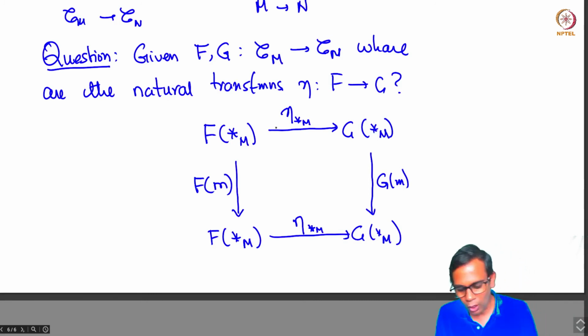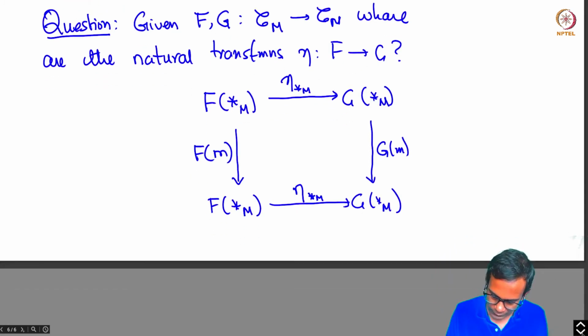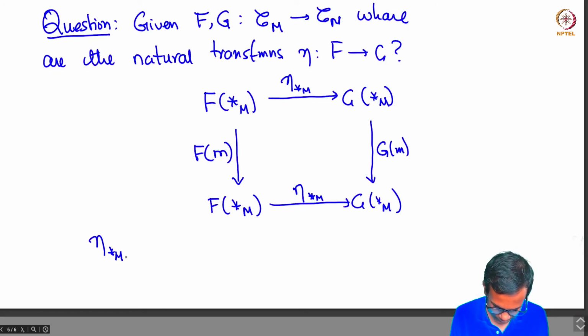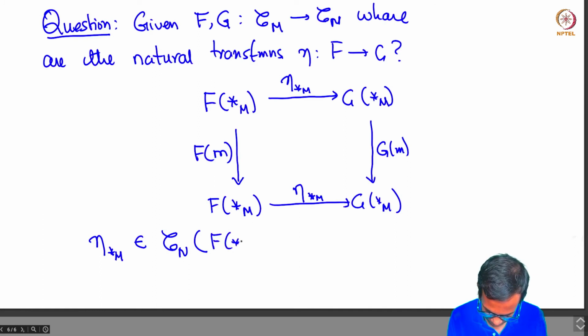Okay. There's only one object in the category Cm, so we only have to define eta on that object. Let's unravel where these things live. Eta star m, where does this live? This belongs to the category Cn. It's an arrow from f star m to g star m.